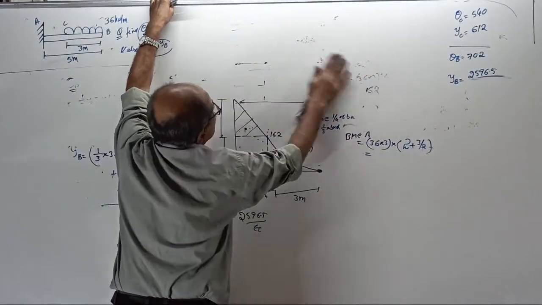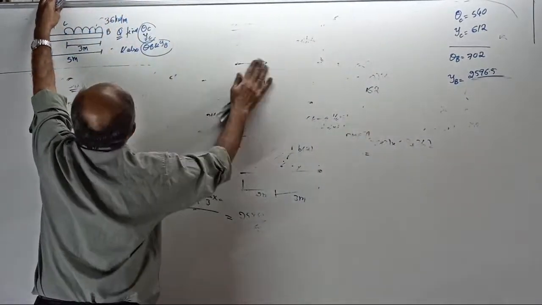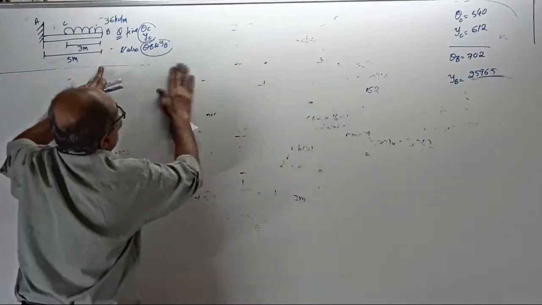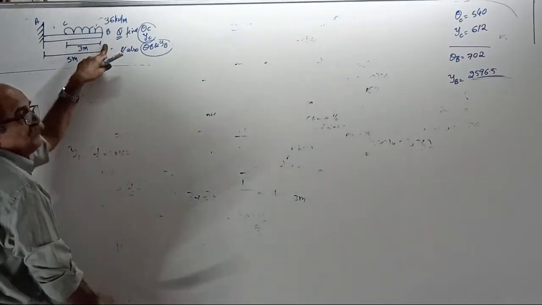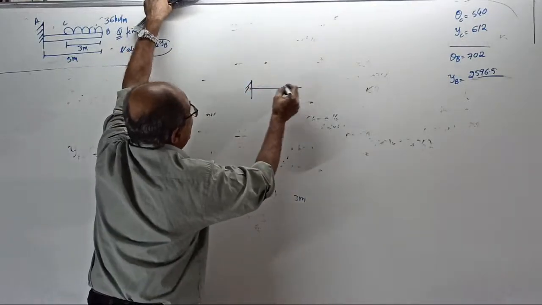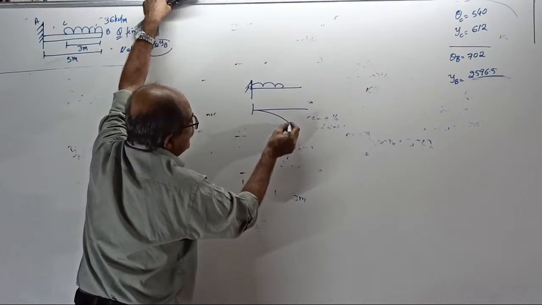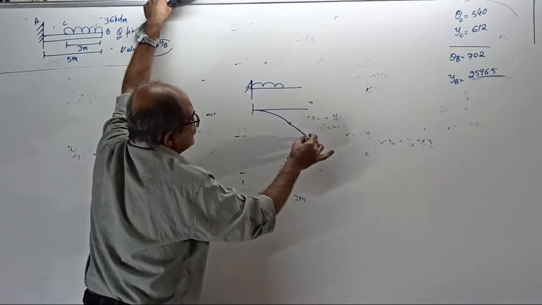Now do one thing. See, a shortcut. Now see, this beam, what is the problem? There is no formula for this one. Formula is there if the UDL is on this side; it will be parabolic here, curvature here, and a straight line here.